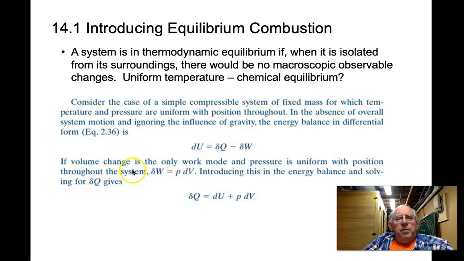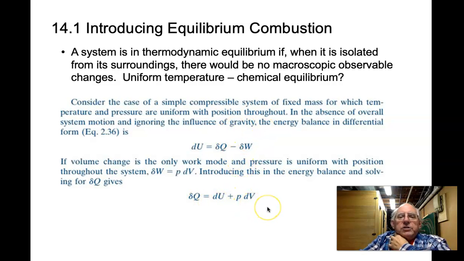And so upon writing the differential form of the work in our first law, replacing it with this form here, we then can solve for delta Q over on the left-hand side, and that being then equal to the delta U plus the P delta V. So all we have done is substituted the P delta V term into the right-hand side with the negative sign and brought it back over.